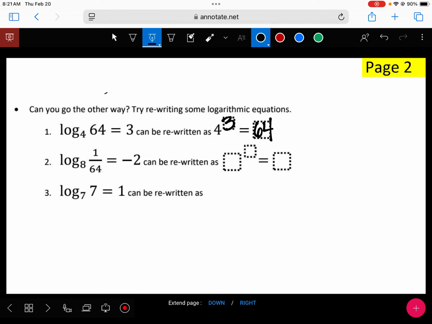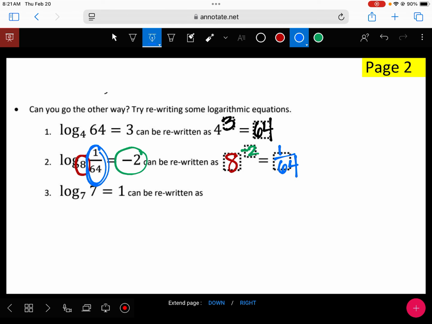What would be the base? The base is the little bitty number right here. 8, good. Then you go across the equal sign to get your exponent. -2, good. And it equals, and then right next to the log is your argument. 160. Good.